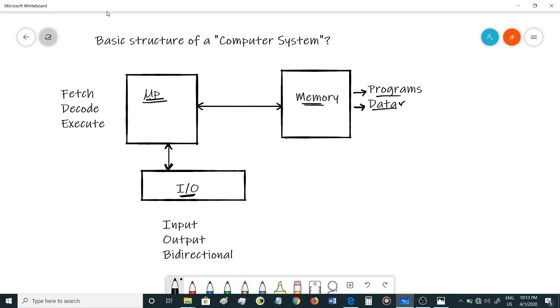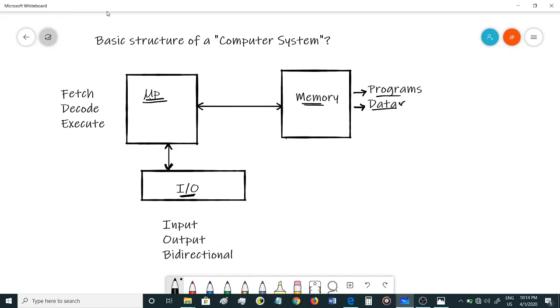What is an image file? When you click photos in your camera, your camera might be 6 megapixel, 8 megapixel, or maybe 16 megapixel. Modern cameras come with 64 megapixels, or sometimes even more. So what do you mean by a megapixel? 1 mega means 2 to the power 20, right?